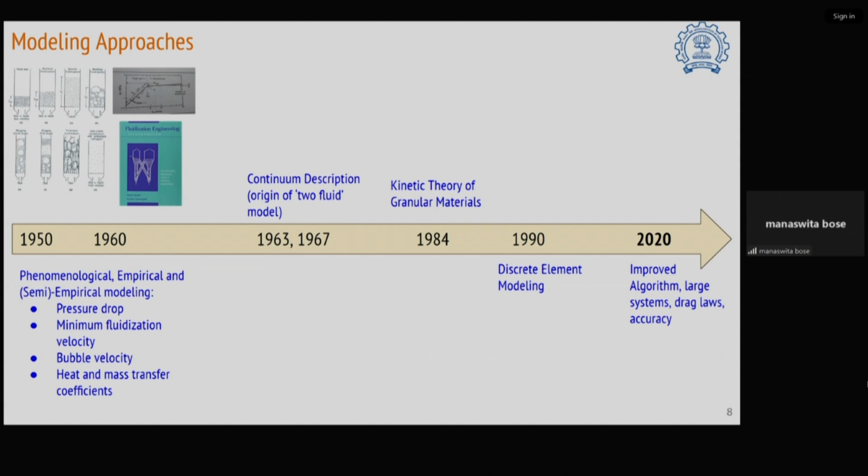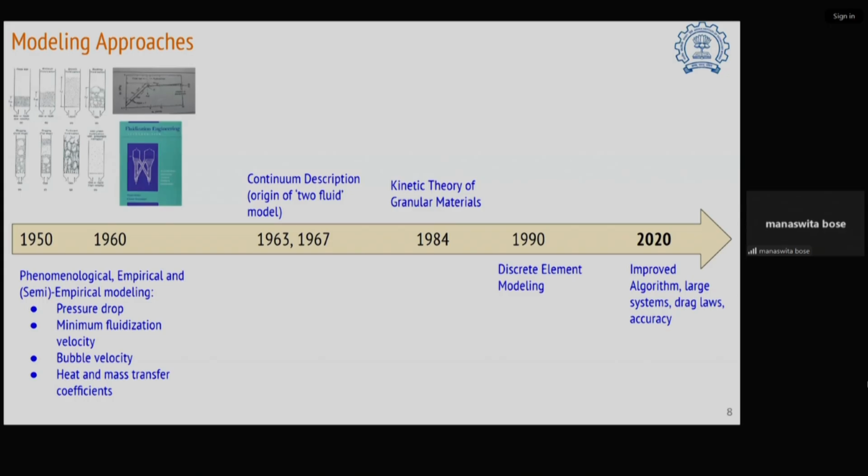See, as we said, fluidization as a technology itself was developed sometime in the 1940s. And during the 1950s to 1960s, early 1970s, the approach was more phenomenological, empirical and semi-empirical. A lot of experiments were performed during that time. Measurement of pressure drop and some visualization experiments using a still camera, very nice experiments, and then correlating them.